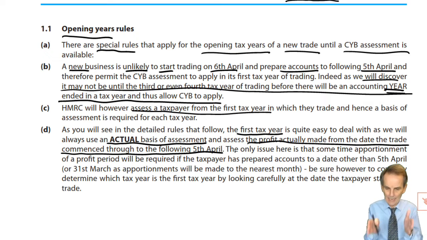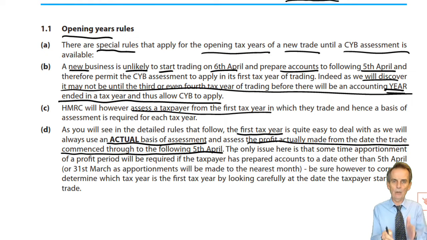What profit was actually made for the period start of trade to 5th of April. Now, unless you have prepared accounts to the 5th of April, you're going to have to do some sort of apportionment here.